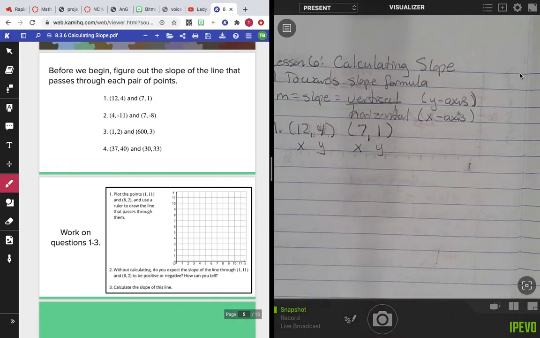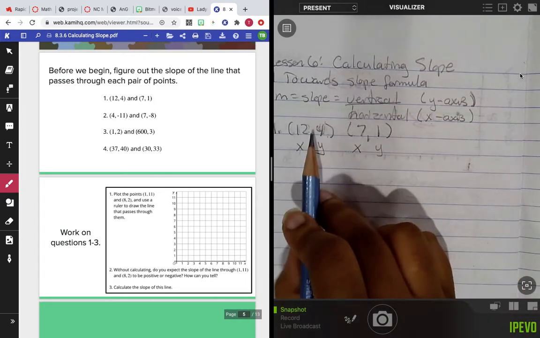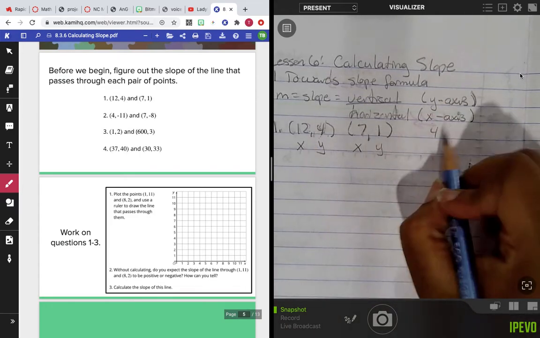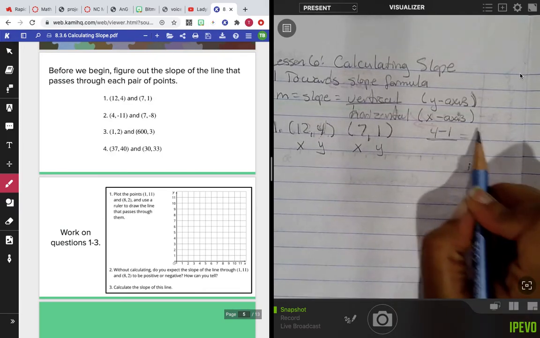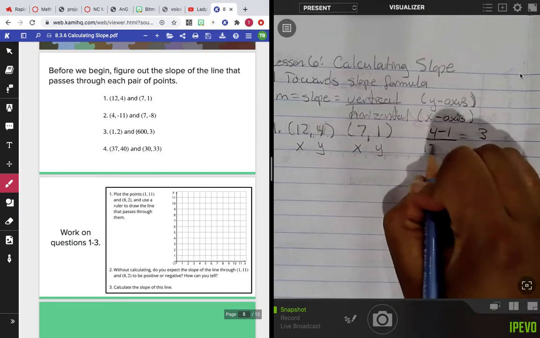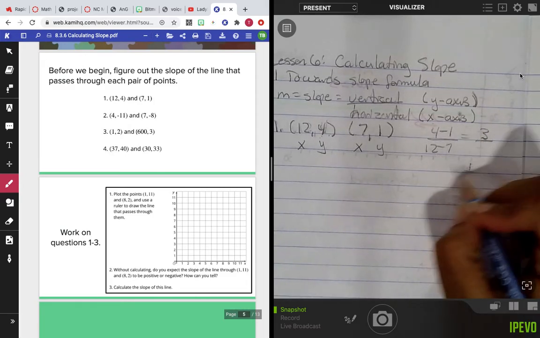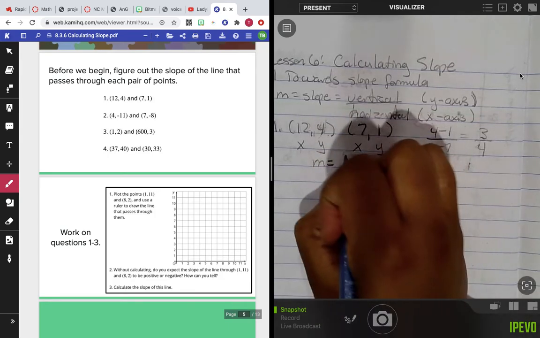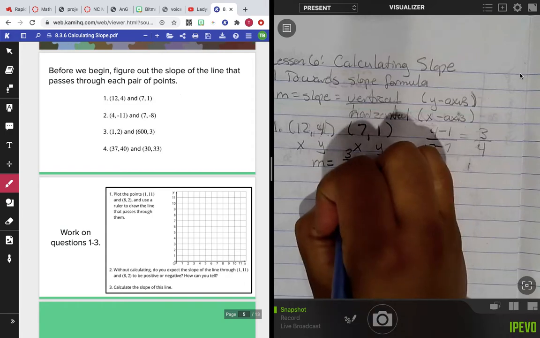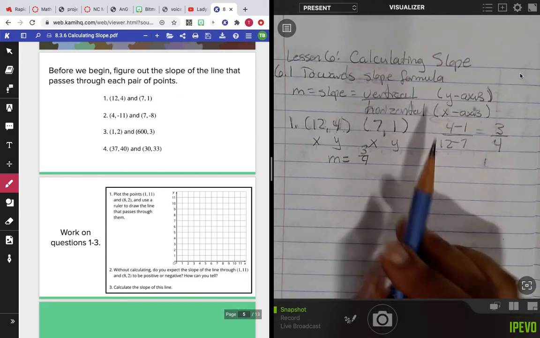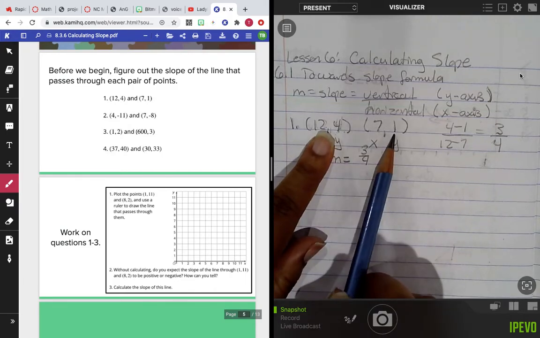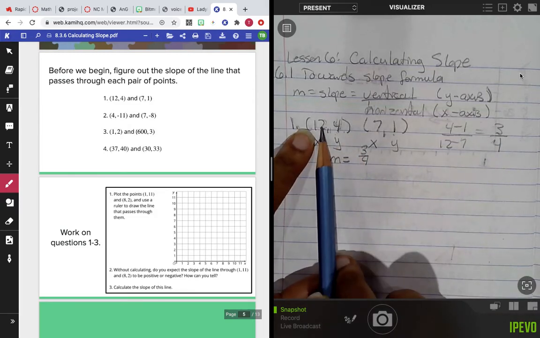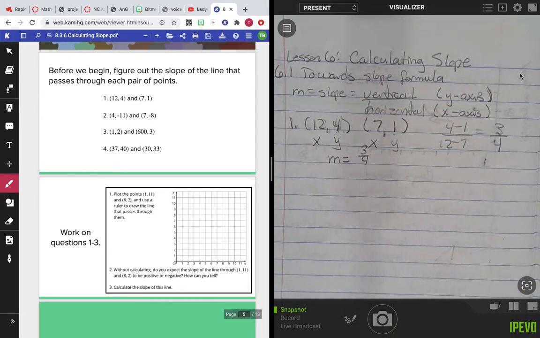So if I look at my y's, and I look at from 4, that gives me 3, and then 12 minus 7 gives me 4. So my slope for this line, or these ordered pairs, is 3/4. So basically, you can look at it as, how did I move from 4 to 1? I went down 3. And how did I move from 12 to 7? I went down 4, so 3/4.